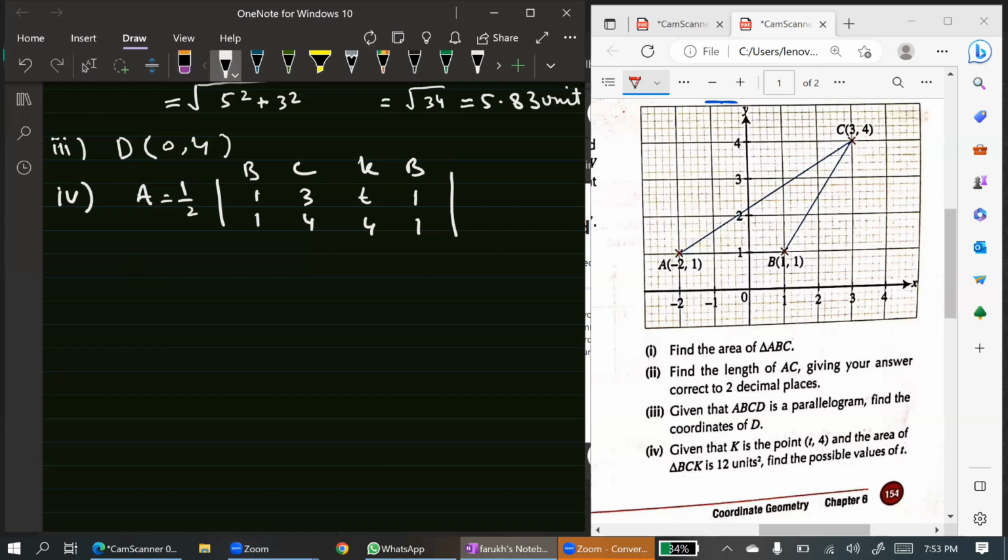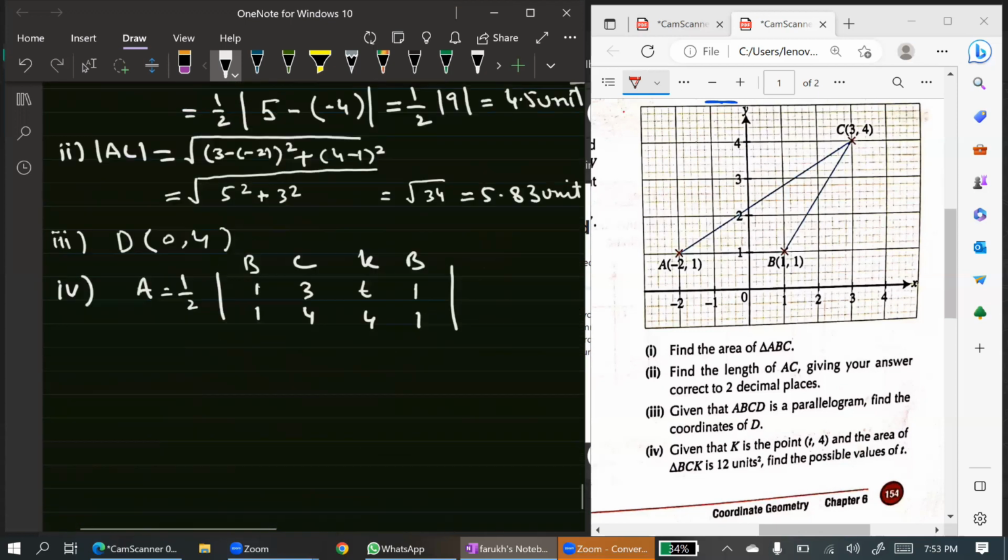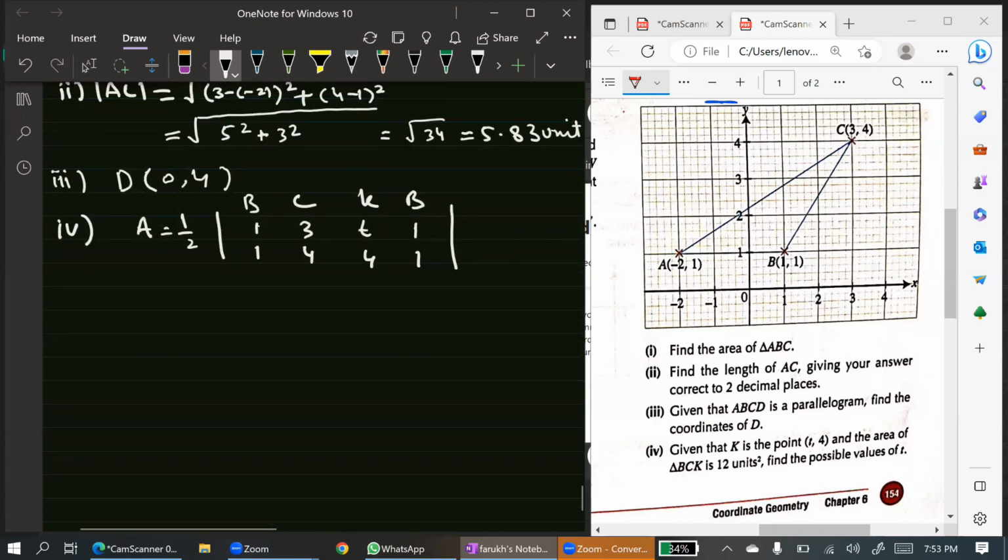Area of this triangle is 4.5. No, no. Area of the triangle BCK is 12. This is 12, yes. 1 over 2.